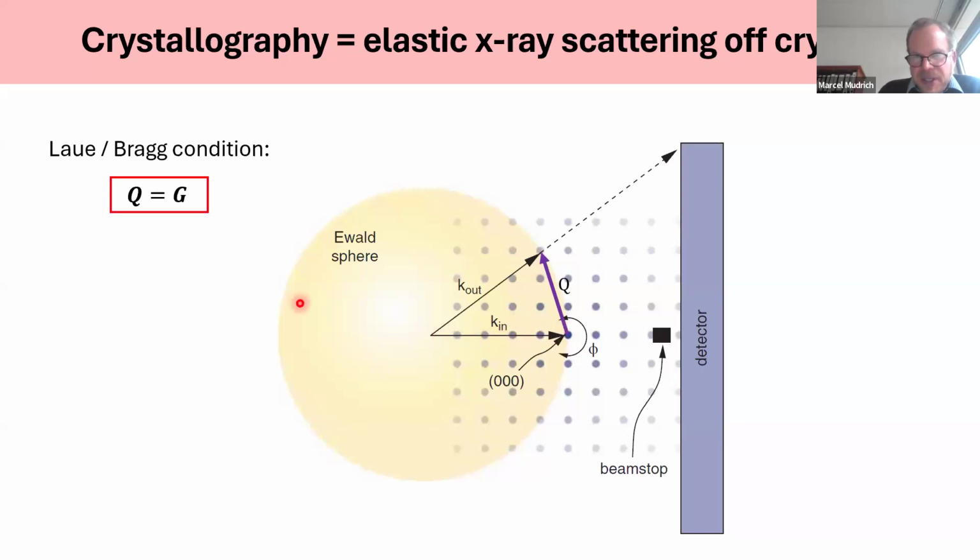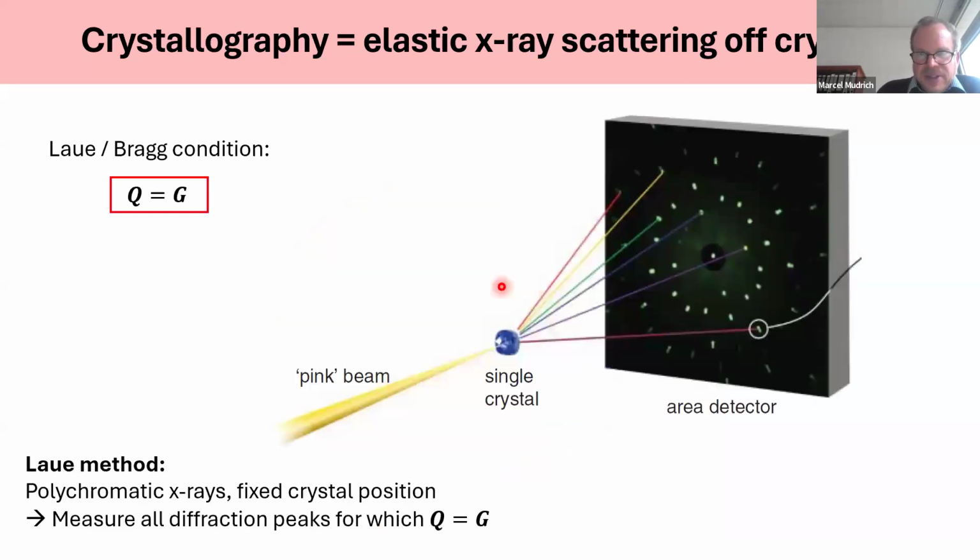So basically, the radius of the Ewald sphere is varied in a certain range according to the spectrum of the incident beam, and that of course increases the number of bright spots that fulfill the constructive interference condition, the Laue condition. So here we measure all diffraction peaks for which the Laue condition is fulfilled for many different k absolute values.